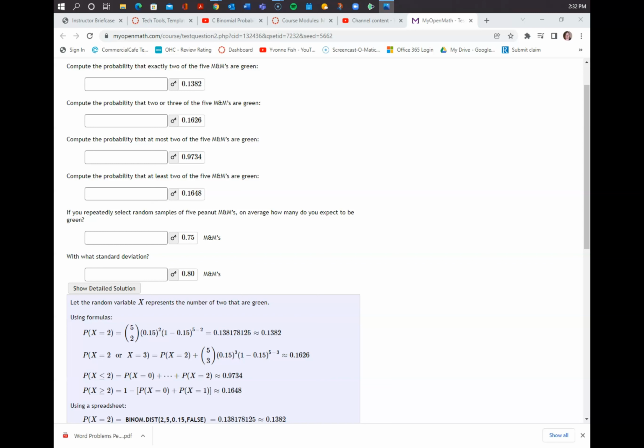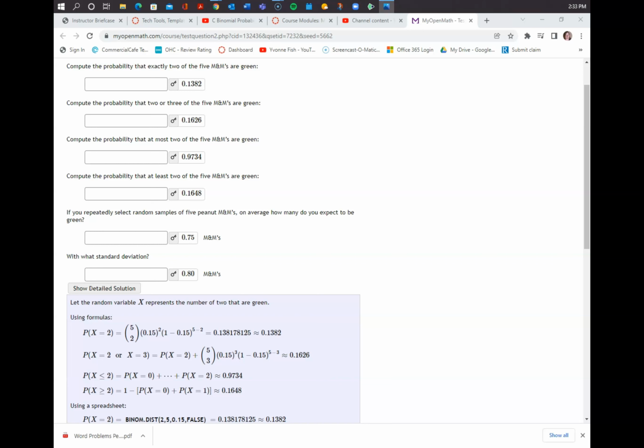The next one is, if you repeatedly select random samples of 5 peanut M&Ms, on average, how many do you expect to be green? So that's what we're looking at, the expected value. Remember, expected value is adding everything up.